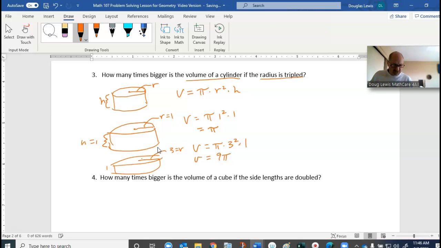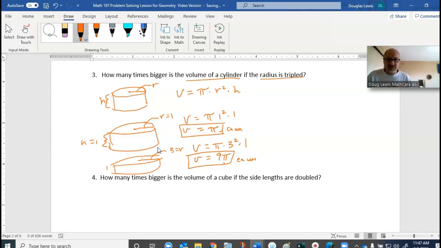Unless we're estimating, we can leave the volume in terms of pi. We don't know what the units are, so I'll just write cubic units.